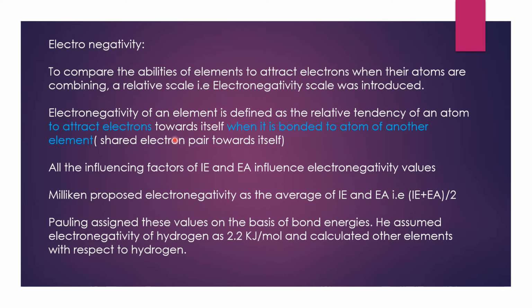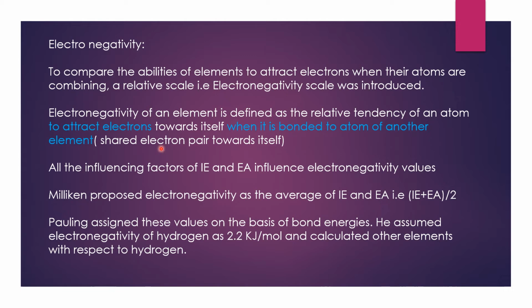For example, consider the electronegativity of the chlorine atom. This chlorine atom is in bond formation with some other atom like hydrogen. Then the tendency of the chlorine atom to attract the shared pair of electrons towards itself is known as the electronegativity of chlorine.